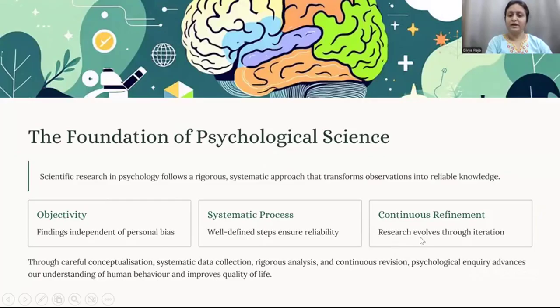In future, when any other psychologist refers to my research and if he feels that it has to be refined, I have to be open to it. So through all these steps, psychologists will have a better understanding of human behavior and mental processes, thereby working towards improving the quality of life in people.